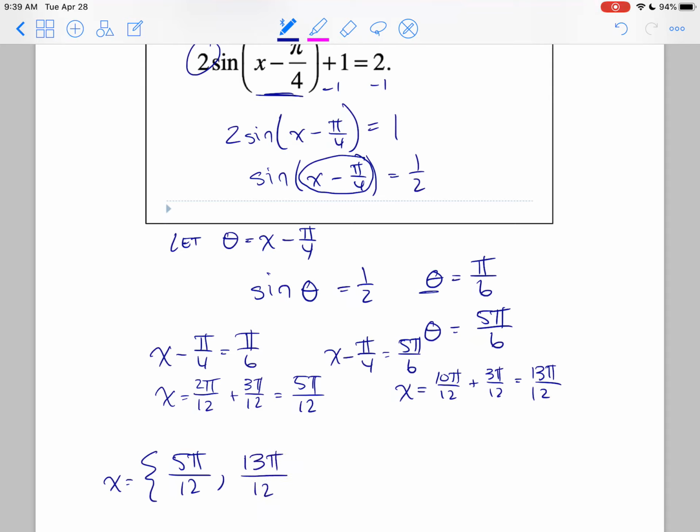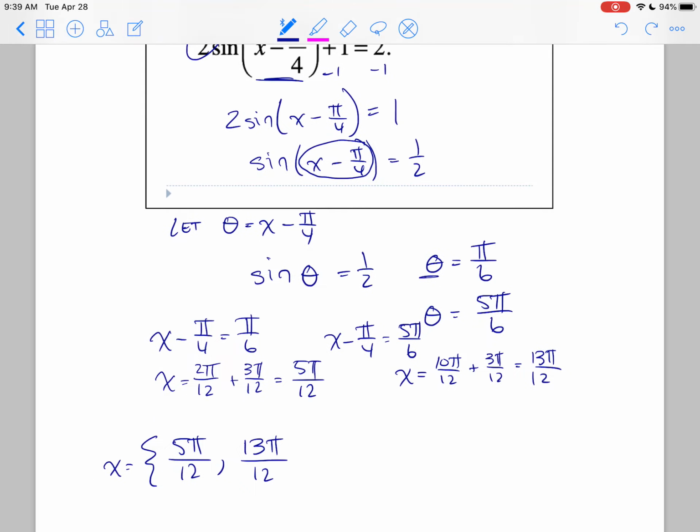But maybe there are more solutions between 0 and 2 pi, because this is only pi over 12. This one's only pi over 12 past pi. So there might be another solution somewhere if I add a period. Well, the period of sine is 2 pi. So if I add a period to this, I'm going to be past 2 pi, because 2 pi plus 5 pi over 12 is definitely bigger than 2 pi.